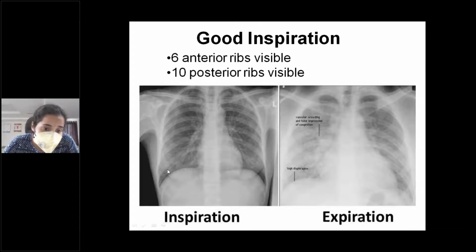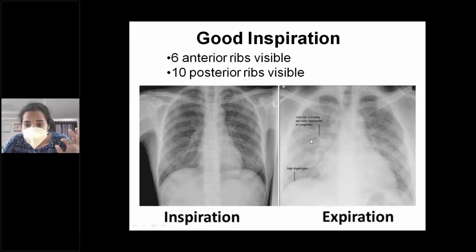These are the anterior ribs. You just count your anterior ribs: 1, 2, 3, 4, 5, 6. Now you are able to see 6 anterior ribs, and almost the anterior aspect of the 6th anterior rib is also seen. That means this is a well-inspired film. The patient has taken full inspiration at the time of exposure. That is what it means.